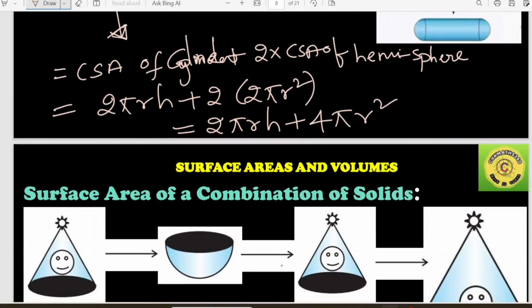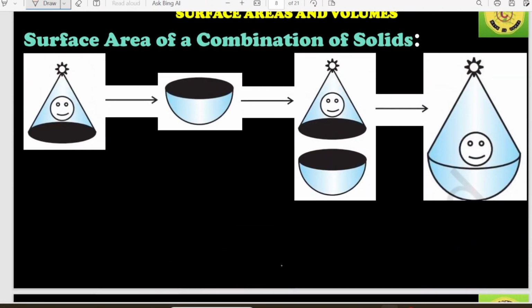Next combination figure. See, this is a combination of hemisphere and cone. A new solid, like a toy, will be formed. This is the new solid. To find its total surface area, it is CSA of hemisphere plus CSA of cone.